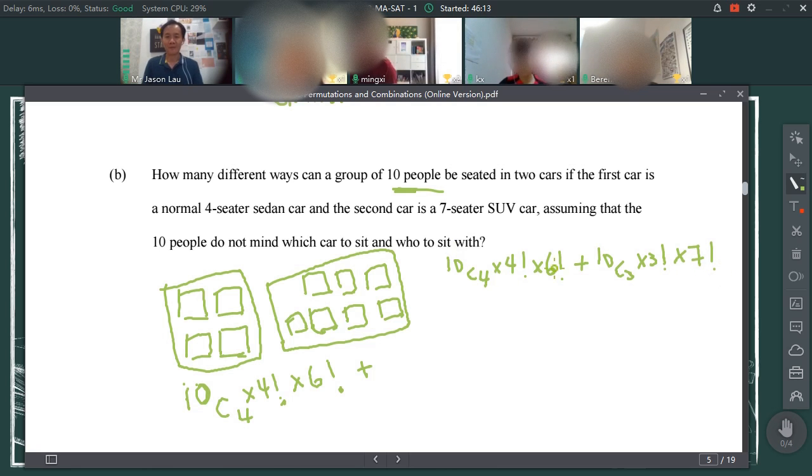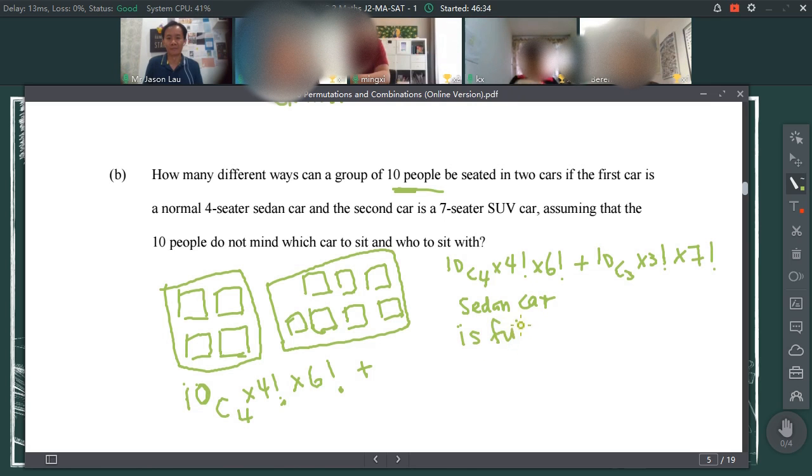So when you do all these questions, I advise you to really write a short note of what those things mean. For example, here, this means that the sedan car is fully occupied.